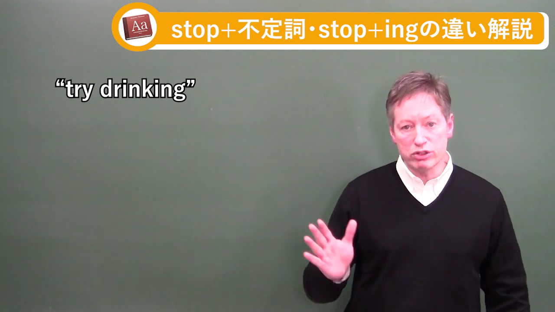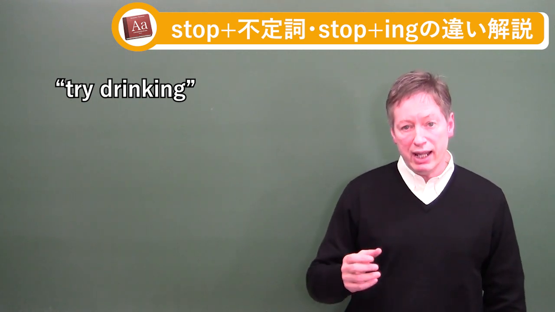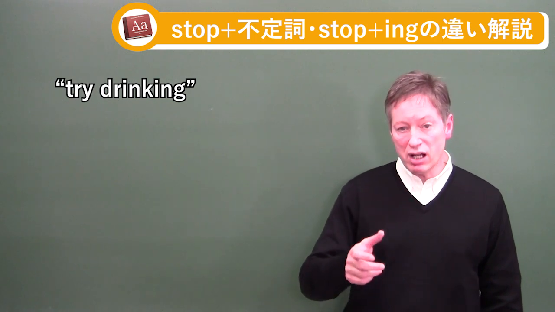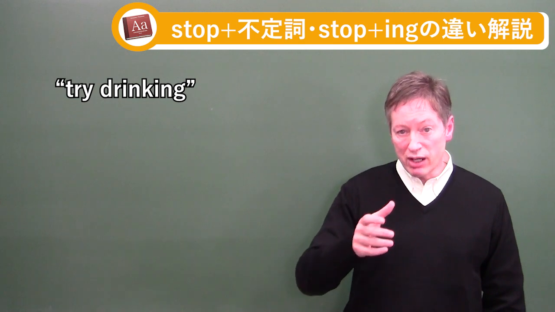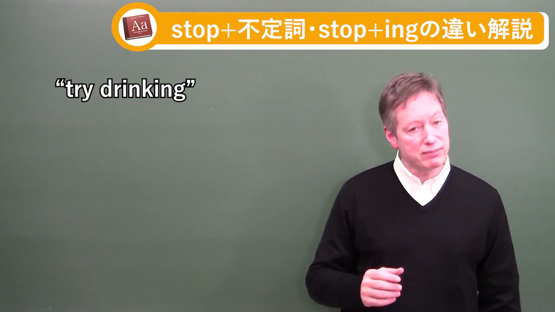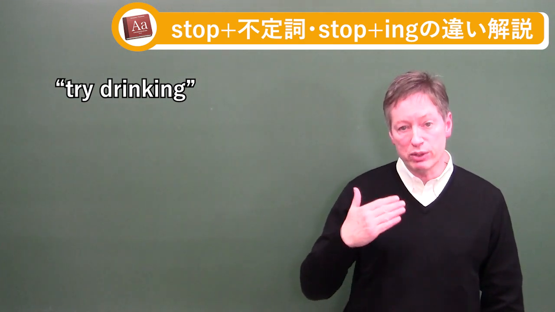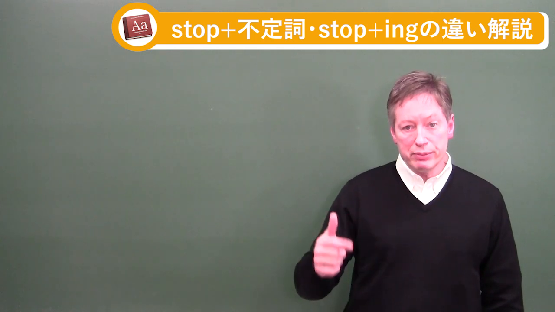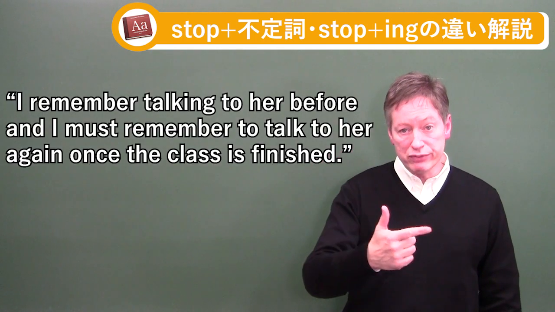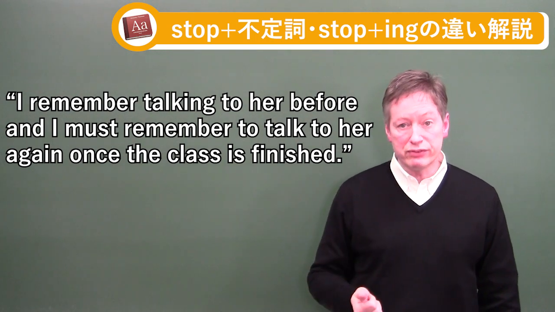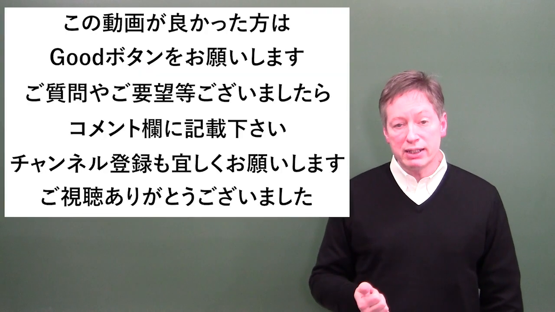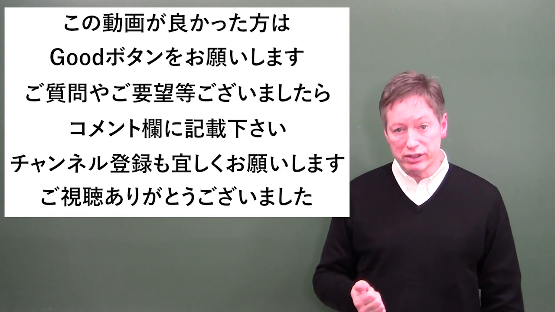I like it. I don't drink too much, but I like it. And I tried to drink something that, not necessarily that I liked. For example, like Aojiru. I tried to drink it. I couldn't do it. So that was not successful. And I remember talking to her before, and I must remember to talk to her again once the class is finished. Okay, everybody? Hope you got the ideas okay with our usage here.